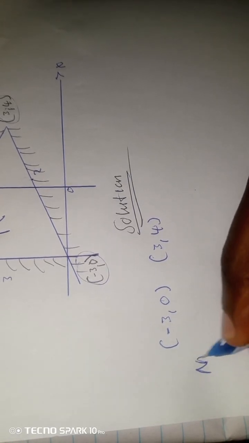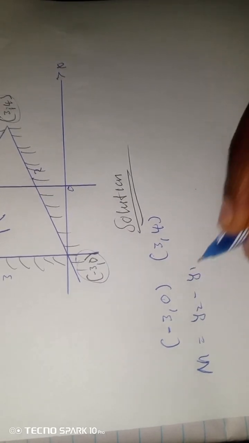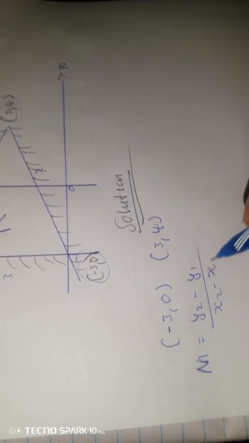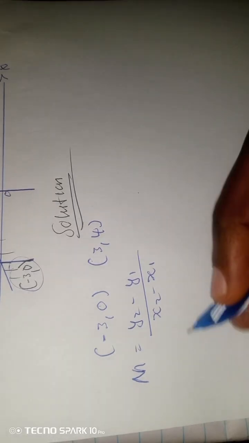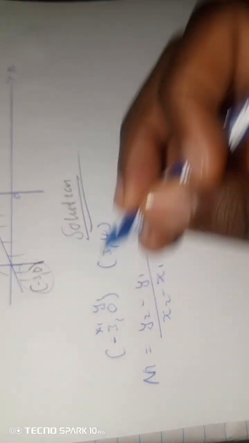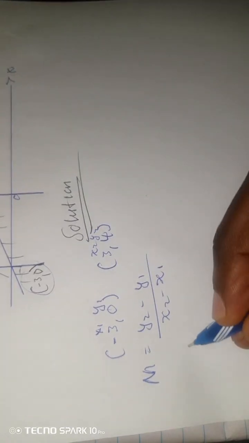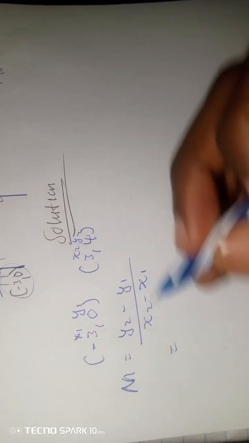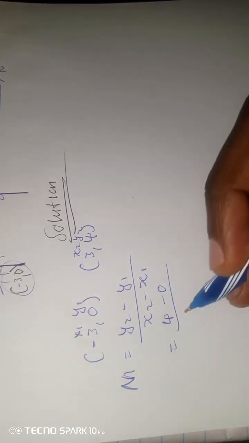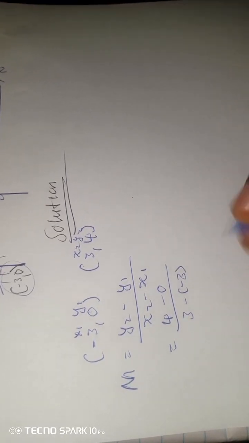So gradient equals to y2 minus y1 over x2 minus x1. So I'll assign this one to be my x1, this my y1, x2 my y2. So here my y2 it's 4 minus 0 over my x2 it's 3 minus -3.